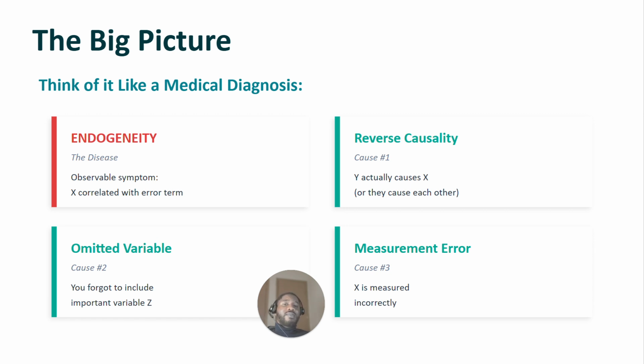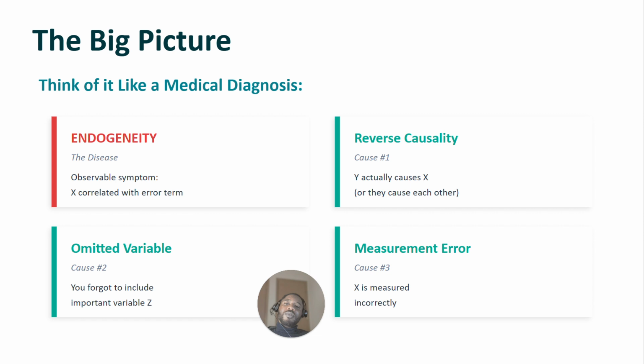The symptom you observe is that X is correlated with the error term, which gives you a biased result.